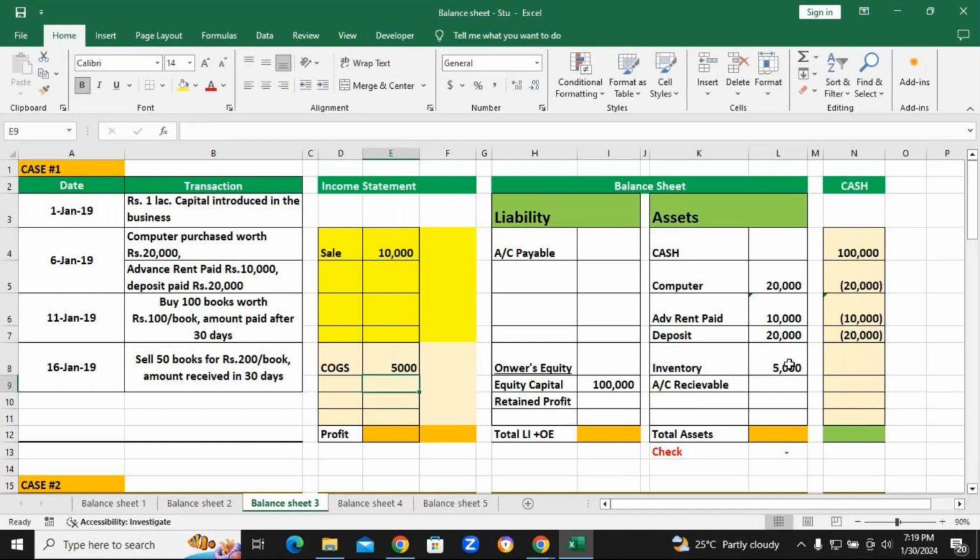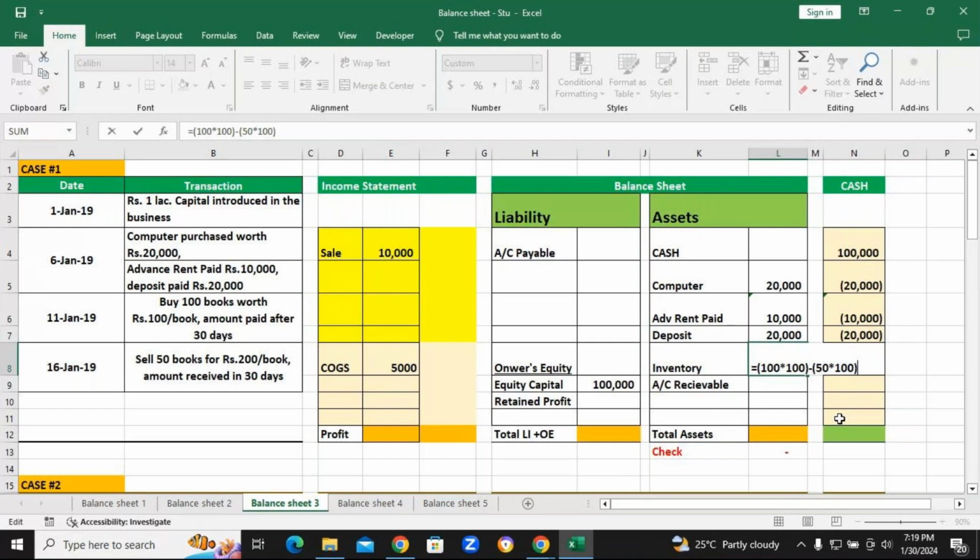And inventory means I need to show the actual inventory that is left with me. I have bought 100 books at the rate of 100 rupees. Out of those 100 books, I have sold 50, so 50 books are remaining with me.